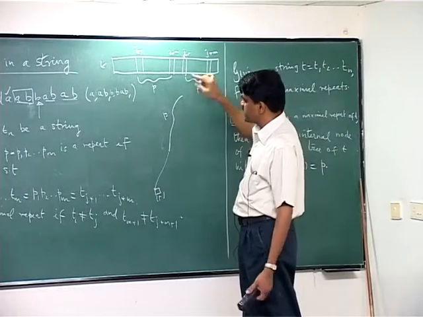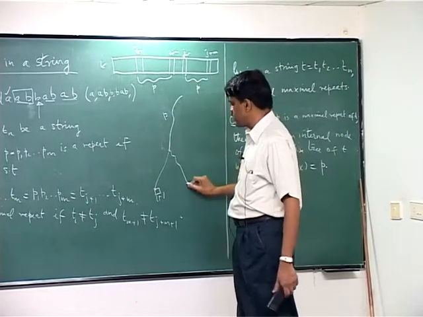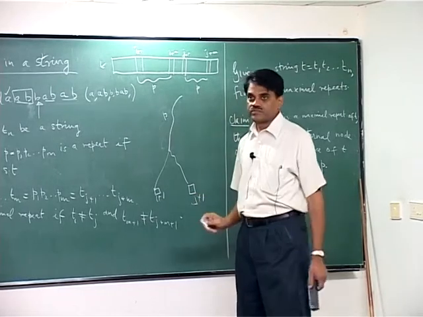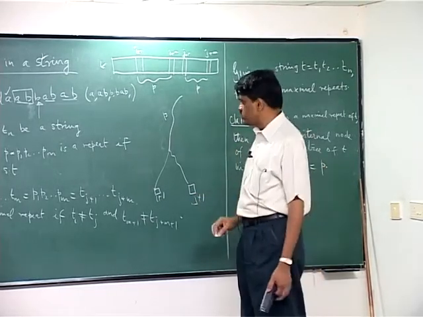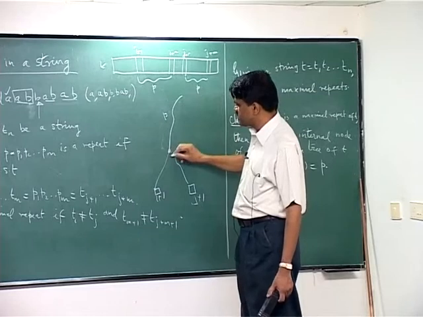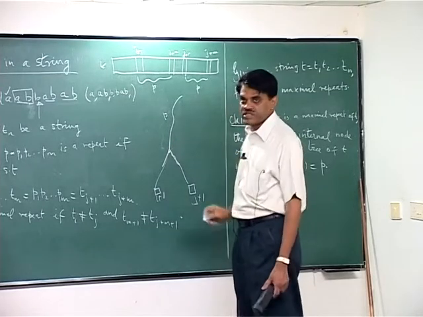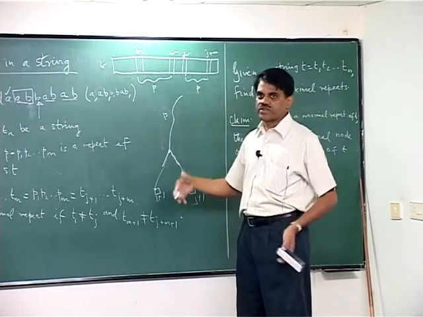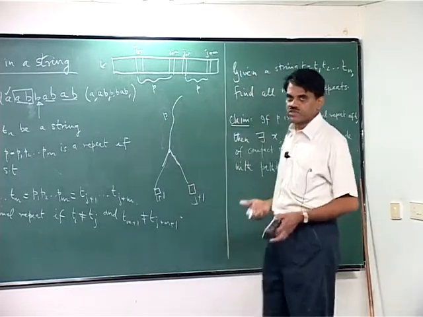That means if you look at this J plus 1, somewhere else you will have J plus 1. So this node in your suffix tree will have two different children, and so it will survive as an internal node in your compact suffix tree. Yes, that is an argument.